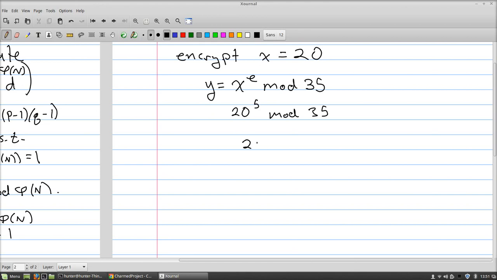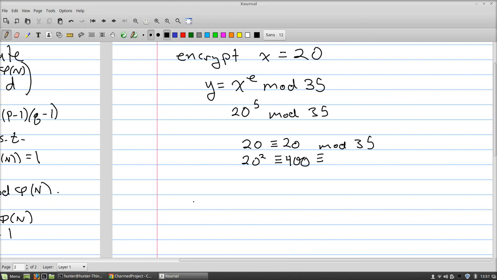So clearly 20 is congruent to 20 mod 35. Now let's square both sides, and we get 20 squared is congruent to 400, which is congruent to, can you figure it out?